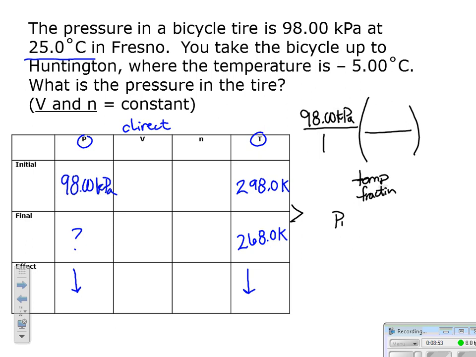So if we want the pressure to go down, our fraction needs to be less than 1. So on top of the fraction is going to be the smaller number, 268.0 Kelvin. On the bottom of the fraction, 298.0 Kelvin.